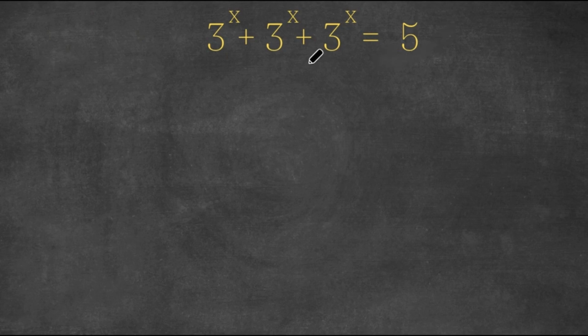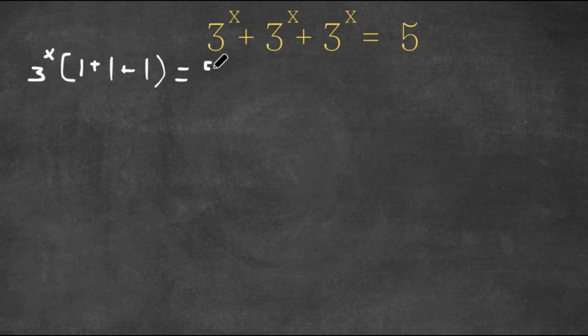Now what I'm first going to do is I'm going to factor out 3 to the power of x from our left-hand side. So now we have 3 to the power of x times 1 plus 1 plus 1. Now this is equal to 5. Now 1 plus 1 plus 1 is 3.